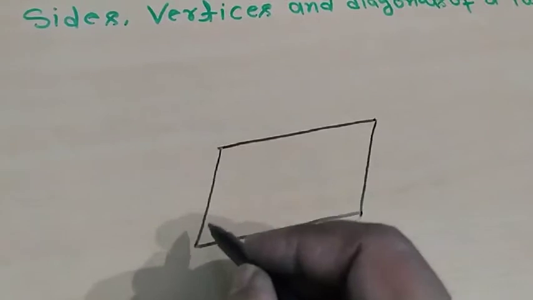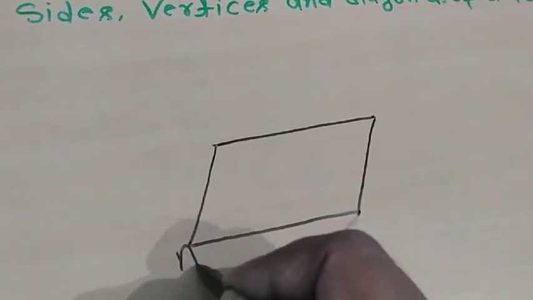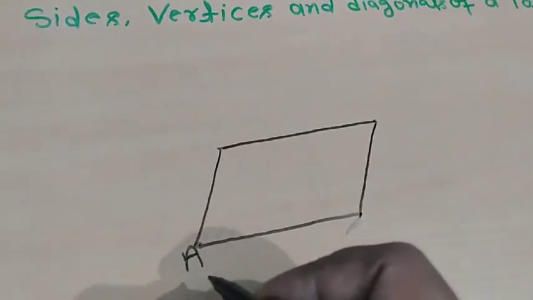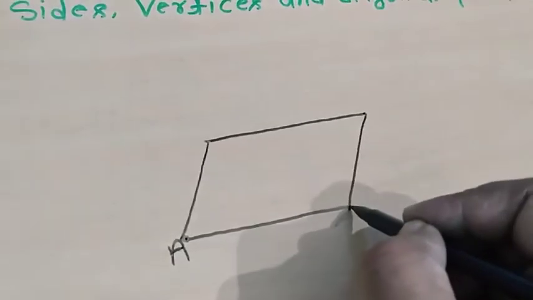So you can see this corner. This corner is called a vertex. This is also a vertex.